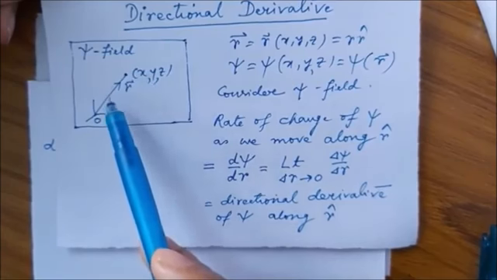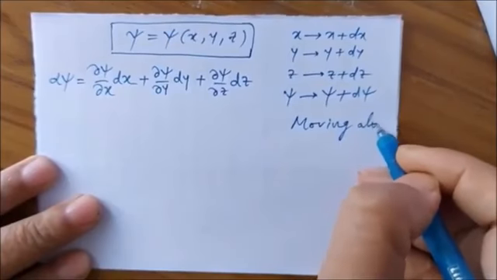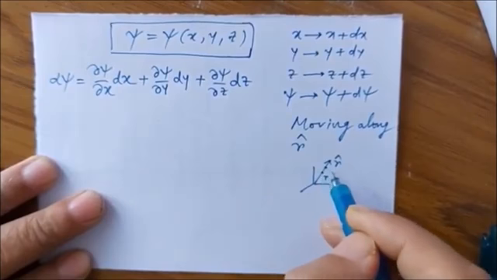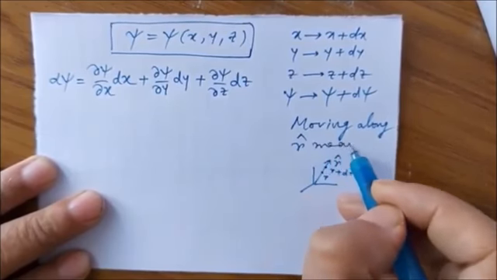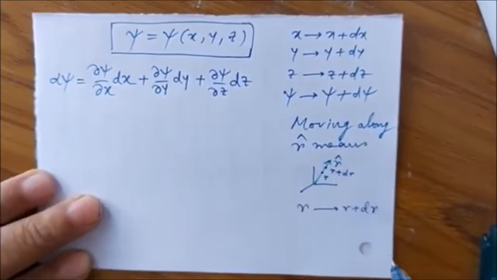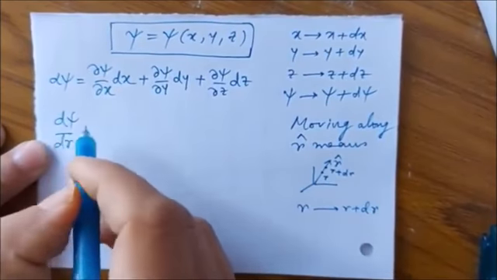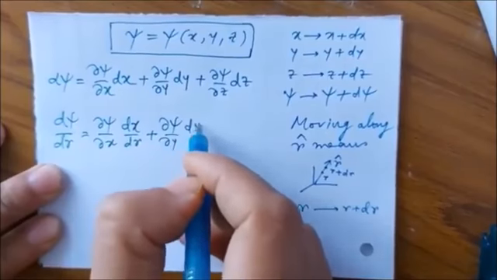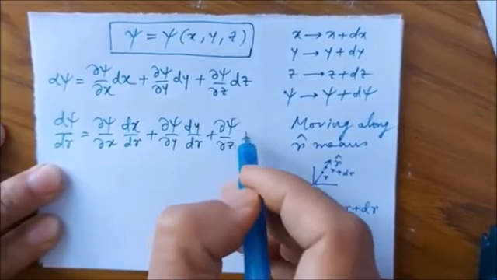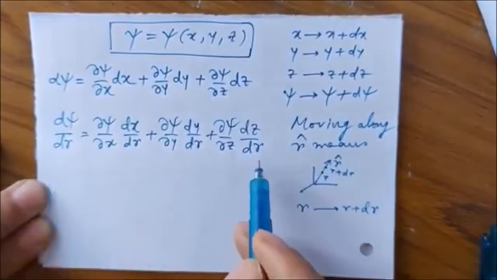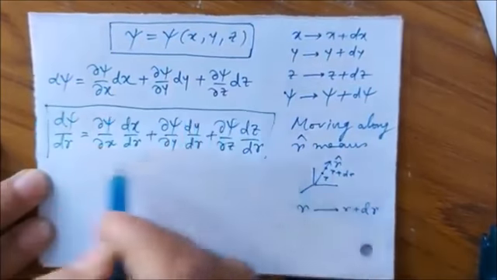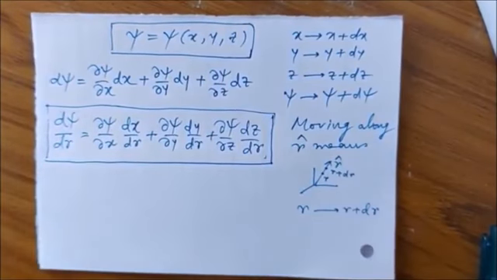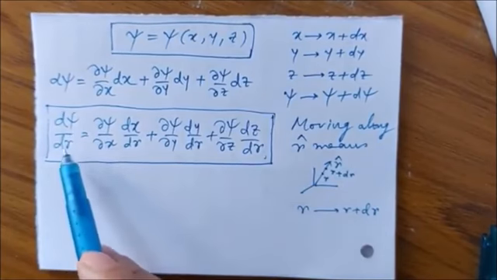So r will change to r plus dr. So moving along r cap means r goes to r plus dr. So we have d psi dr. Here we have divided throughout by dr to get the directional derivative of psi along r cap. So this is the expression of directional derivative of psi along r cap.